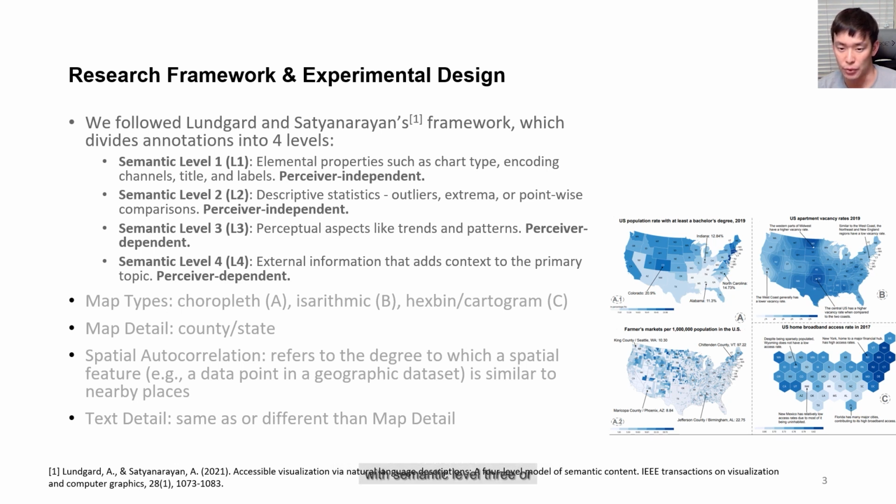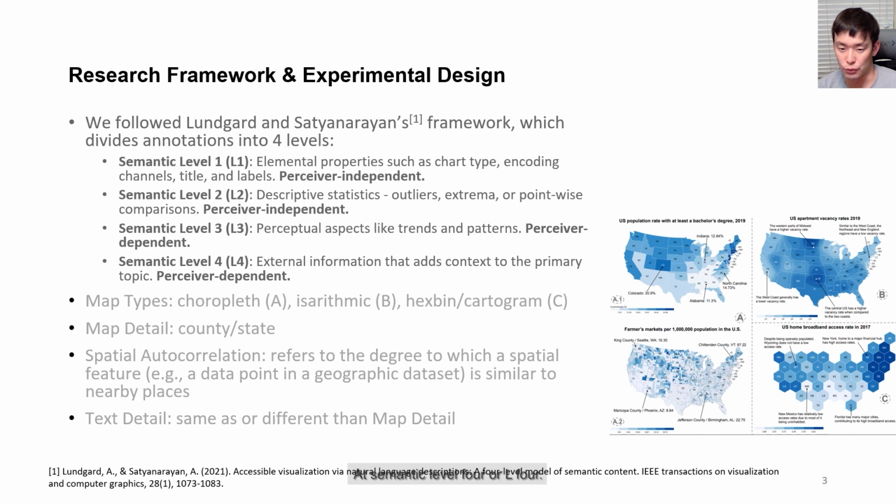With semantic level 3 or L3, we delve into the perceptual aspects. Annotations at this level interpret trends and patterns that begin to depend on the viewer's perception. This is where subjectivity creeps in. Two people might see different stories in the same lines and colors, influenced by their backgrounds or how they interpret the visual cues.